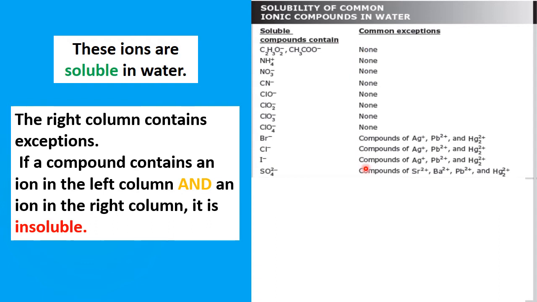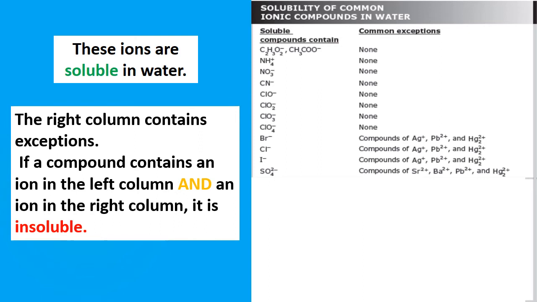The right column contains the common exceptions. So if a compound contains one ion from the left and one from the right, where you have the exceptions, then it's going to be insoluble.